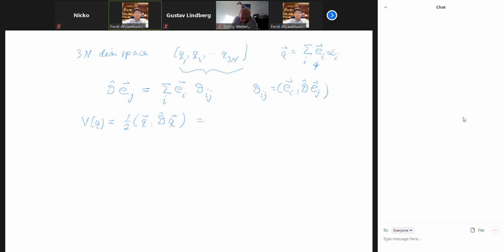So that's equal to 1/2. I'm just using this expansion here. So we get alpha I, alpha j, and then the dot product between the bases. So then this is equal to what we had before. Okay, like this.